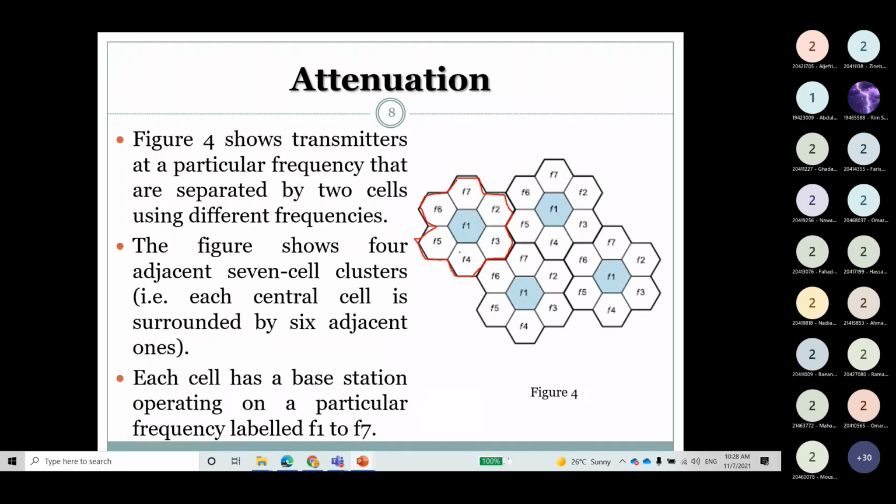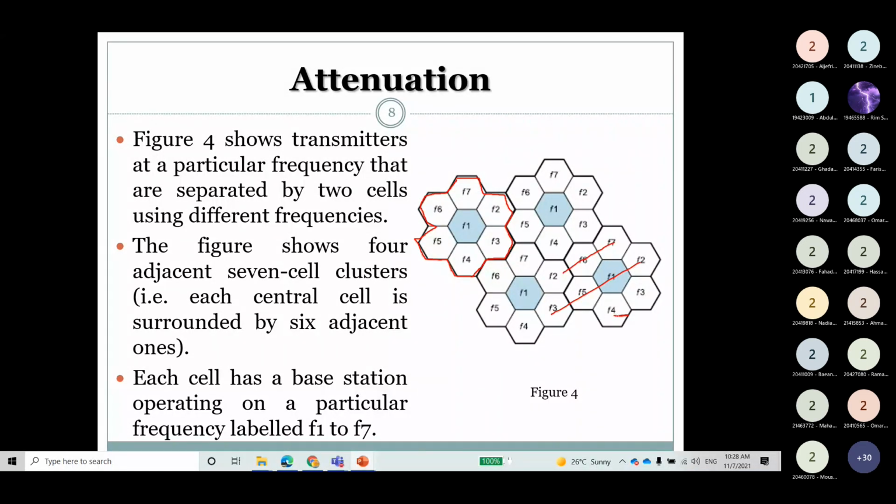This is F1, frequency 1. It can be used after 2 lines of cells. This is F4, it can be used after 2 lines. This is line 1, line 2. It can be used here.